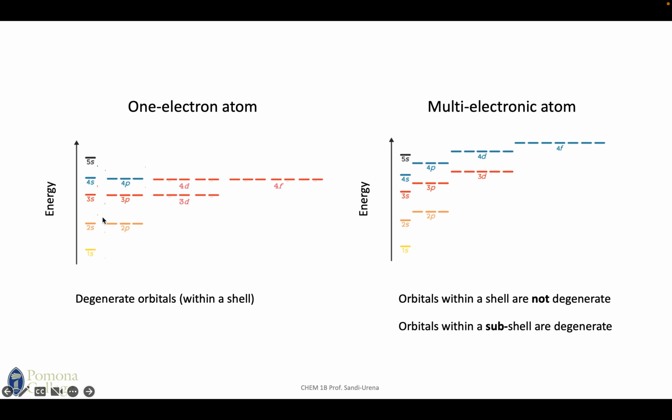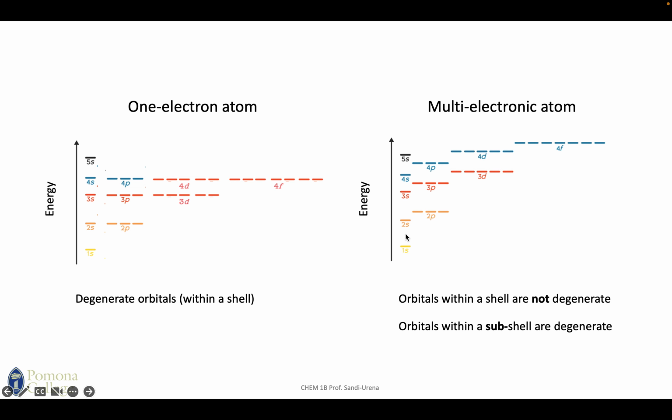They are degenerate. In reality, what happens when we have more than one electron is that those electrons will be interacting, repelling one another. So the potential energy will change, the energy of the individual electrons will change, and that is going to cause a distortion of the distribution of the orbitals in the energy diagram.